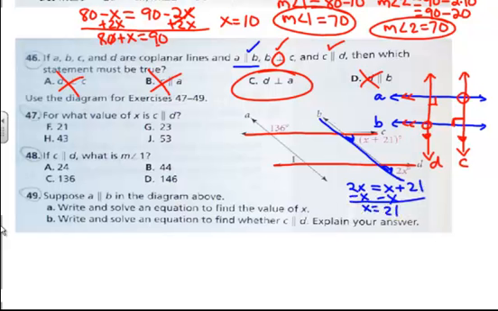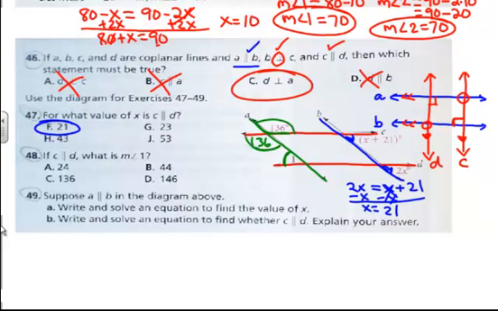Number 48. If C is parallel to D, what's the measure of angle 1? Alright, here's angle 1. This is a transversal that touches angle 1. This is angle 1 right here. How does this angle relate to it? Well, I'm going to make my bow tie.